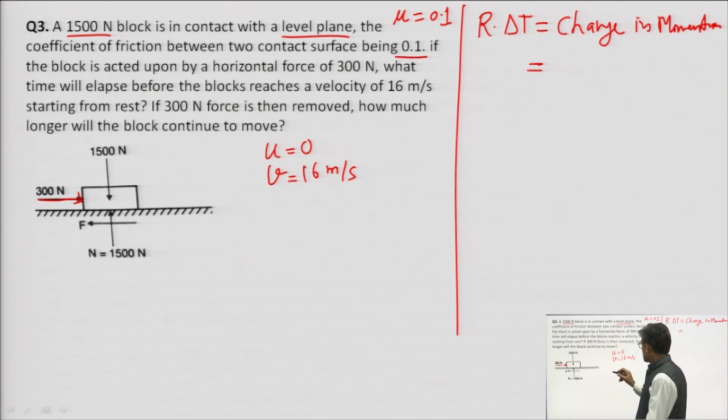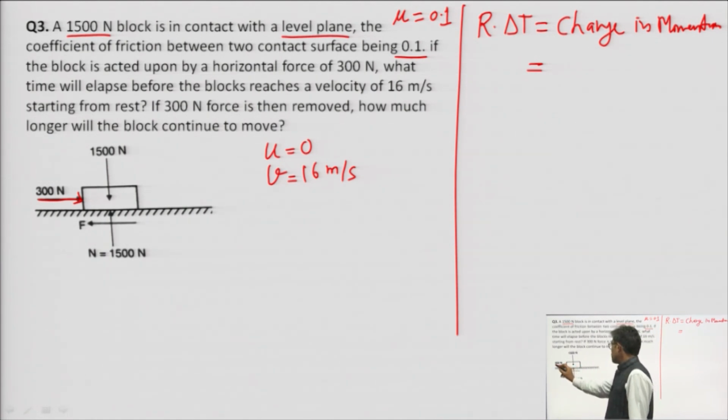To find the value of R, let us make the free body diagram, so that we can find the force causing this motion. If the force of 300 Newton is acting in this direction, then this is the motion, meaning acceleration a will be here. The friction force will act in this direction.